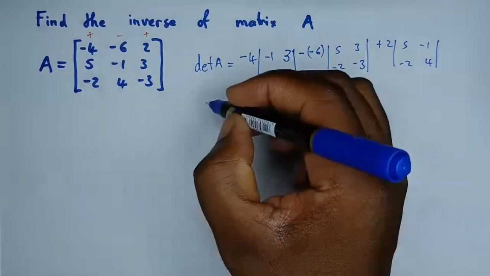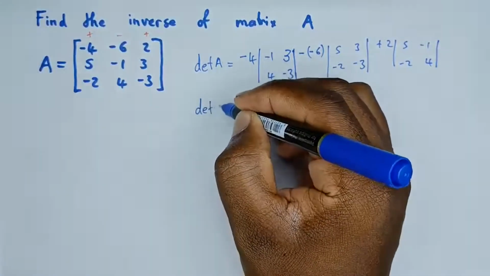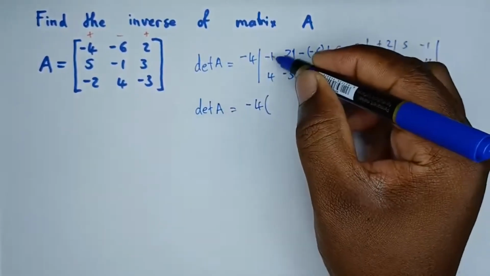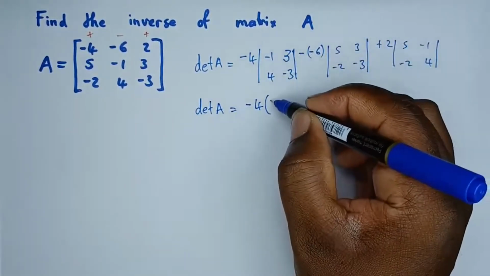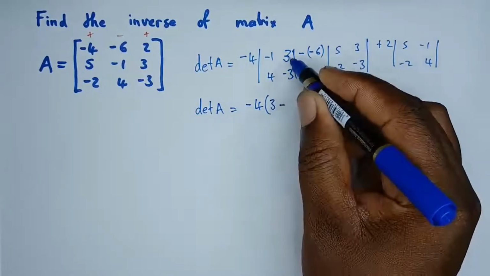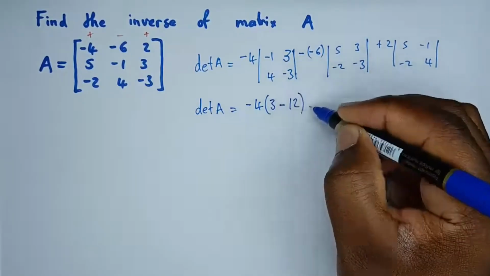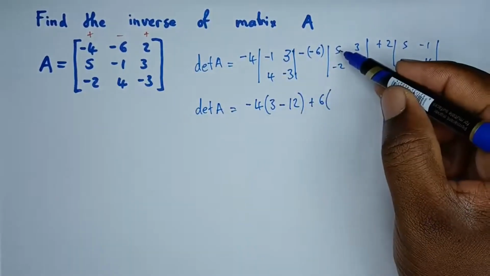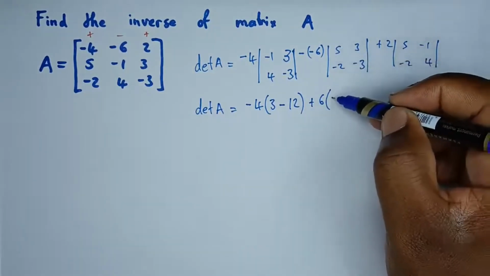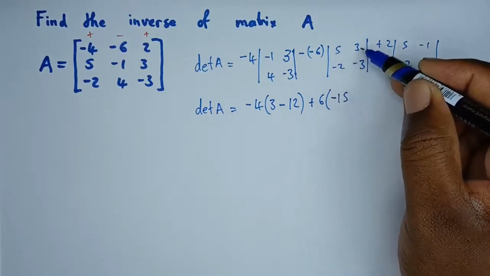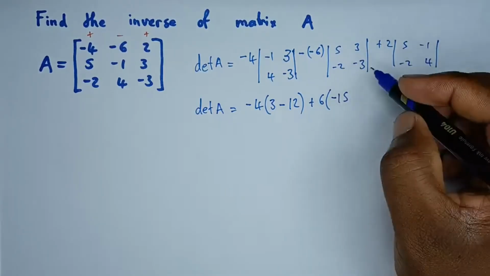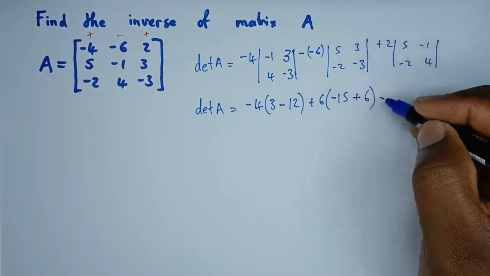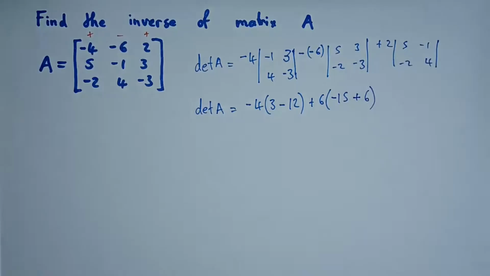So this is what will happen. The determinant of A will be given by -4. 1 times -3, that's -3, minus 3 times 4, that's 12. So negative will give us a +6. -3 times 5 is -15, -2 times 3 will give us a -6, then to become a +6, because we have to subtract the two products.